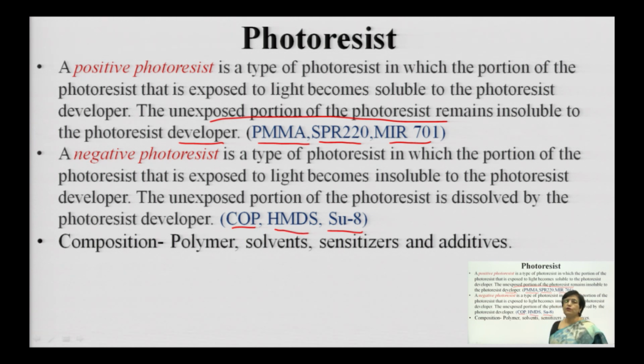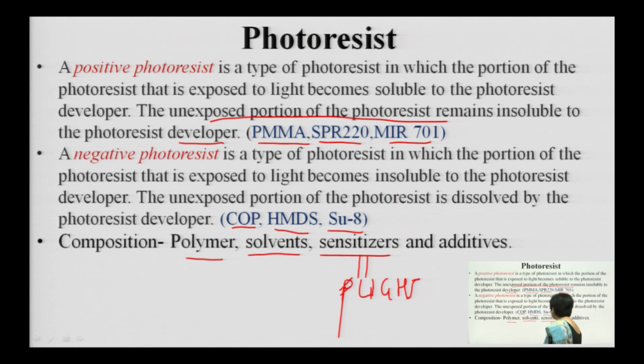The composition of this photoresist is basically a polymer having crosslinks which become either stronger or weaker when you expose it to the light source. Secondly, you have a solvent, then you have a sensitizer which decides the property of reacting to the light. So, this is basically photosensitivity that depends on the sensitizer.